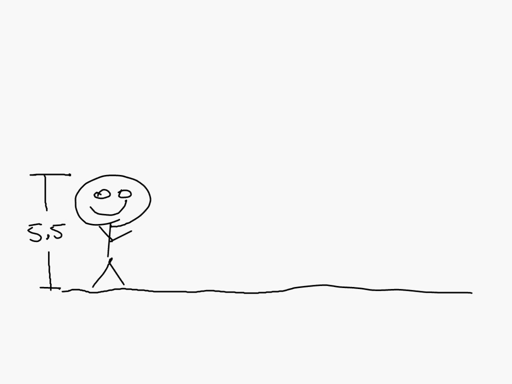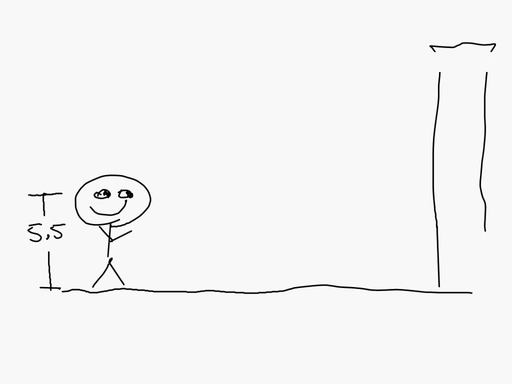And I think to be real accurate, they meant to say that her eyes are 5.5 feet off the ground. Okay? Let's make her eyes. She's looking at the castle. And the castle's way over here in the distance somewhere. And they're saying the castle's 190 feet tall.